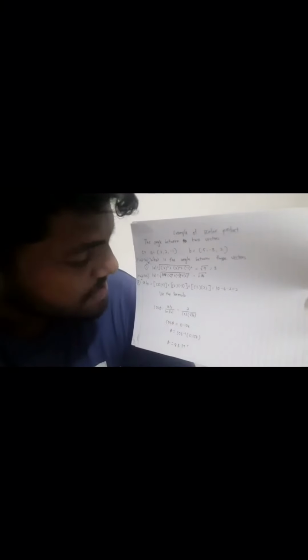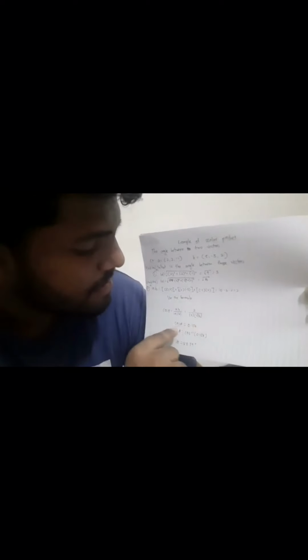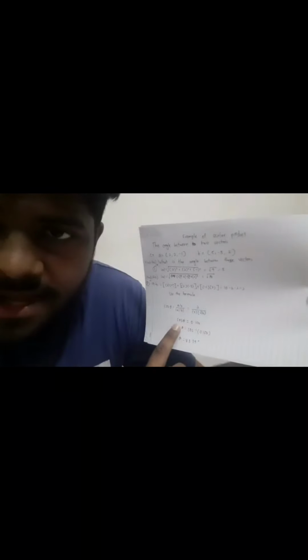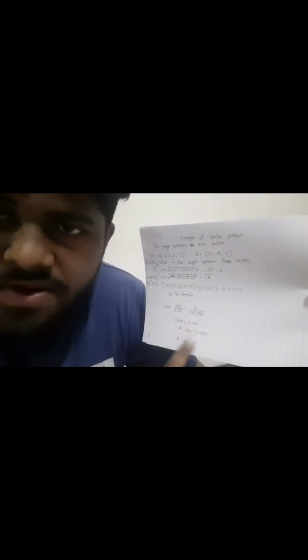By using the given formula, cos theta equals A dot B over modulus A times modulus B, we substitute the values that we get. A dot B we got 2, so 2 over 3 times root 38. So we will get cos theta equal to 0.108.